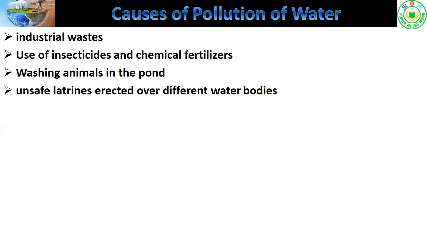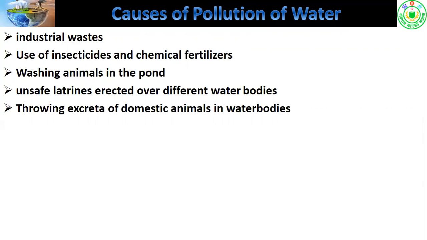Unsafe latrines erected over different water bodies. In the rural area, sometimes it is seen that latrines are made over the ponds or water bodies, and the waste material falls on the water, and because of this the water gets polluted. And if anyone or any animals drink this water, they will get sick.